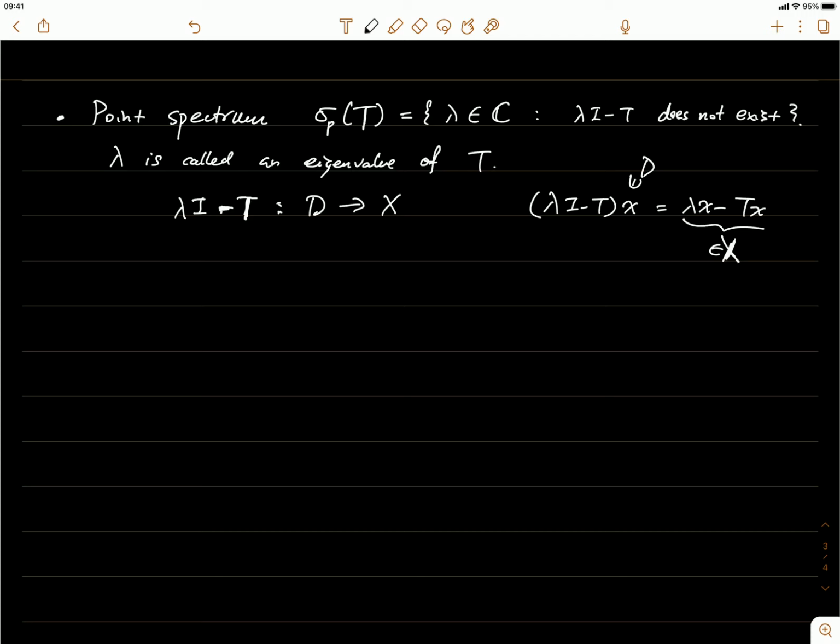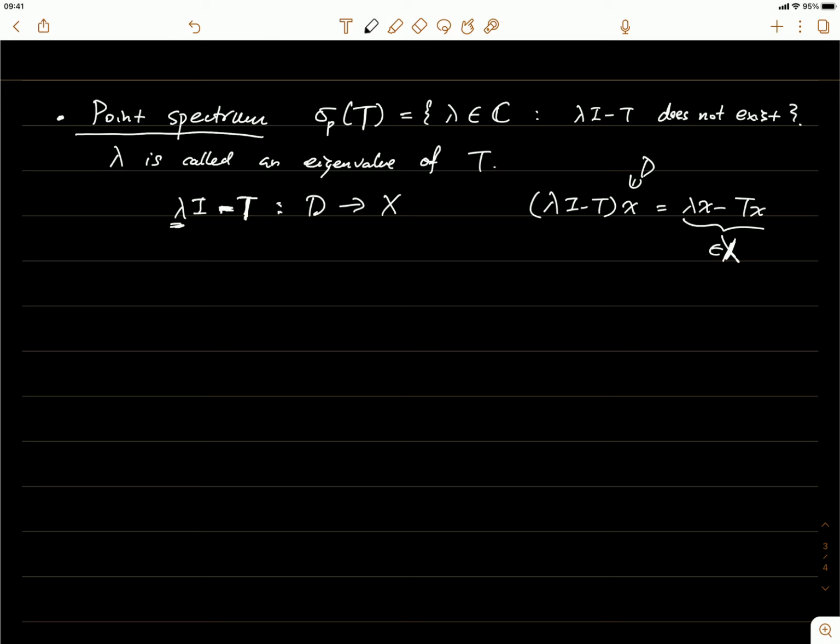But notice that this may not be surjective. The image of D under lambda I minus T may not be the entire X, and we will consider that case later. But first of all, we want to see if it's injective. If it is injective, then at least we can make a one-to-one correspondence between D and its image. So the point spectrum is the collection of all the lambda such that this is not an injective mapping.